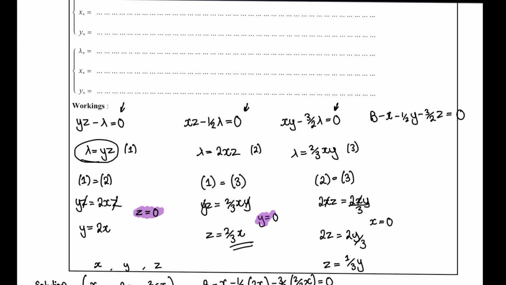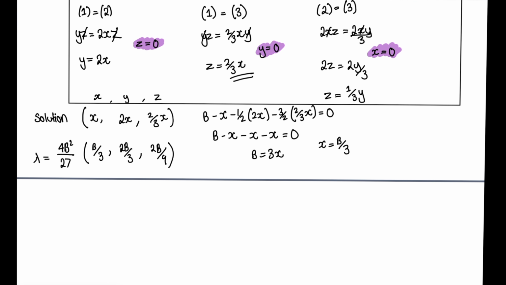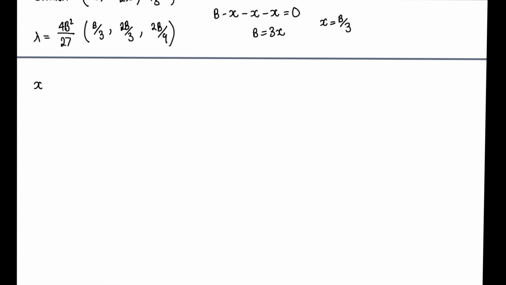If we are going to work out these other solutions, we now need to consider z = 0, y = 0, and x = 0. So if I begin with x = 0 and sub it into y = 2x, then y would be equal to 0 as well. So we have 0, 0, and then some value of z.